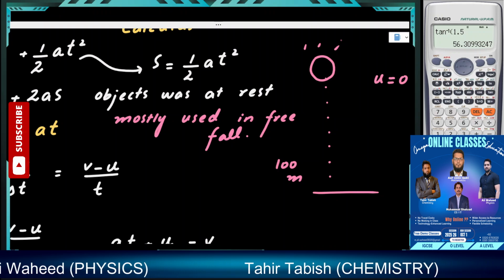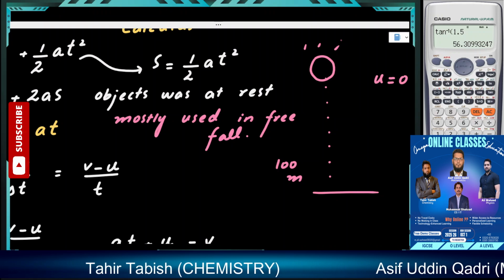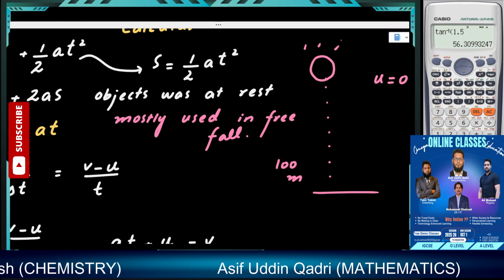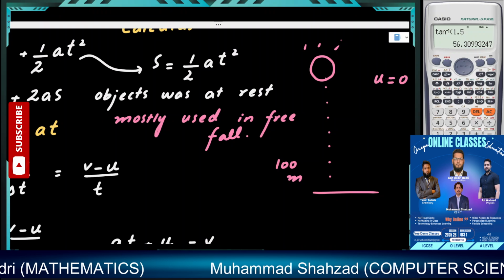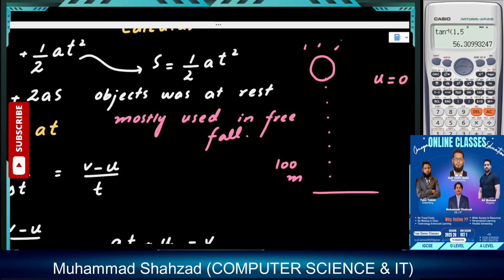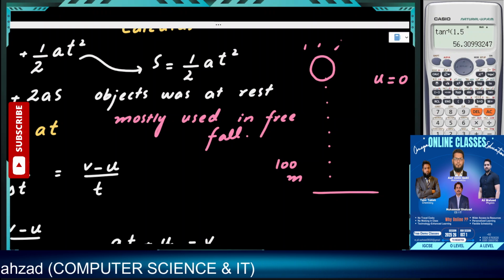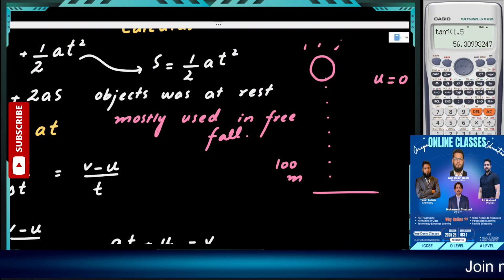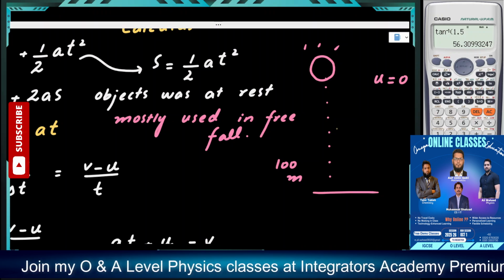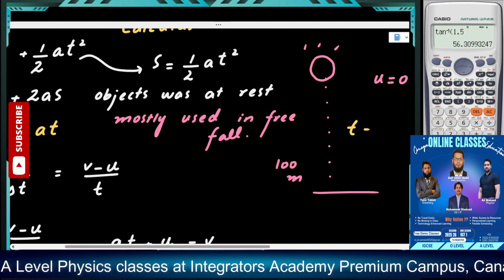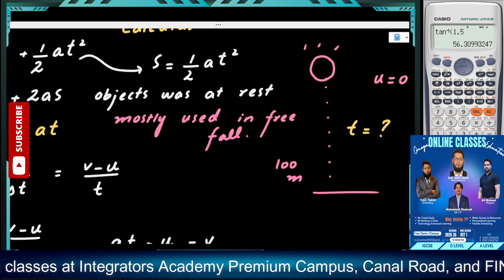Assume that it travels with uniform acceleration. It travels in a straight line. So we can say, let's say that there is no air resistance, hence the acceleration would be uniform. The question could be, how long does it take for the ball to hit the ground? Or in other words, you need to find the time. So t needs to be found out.